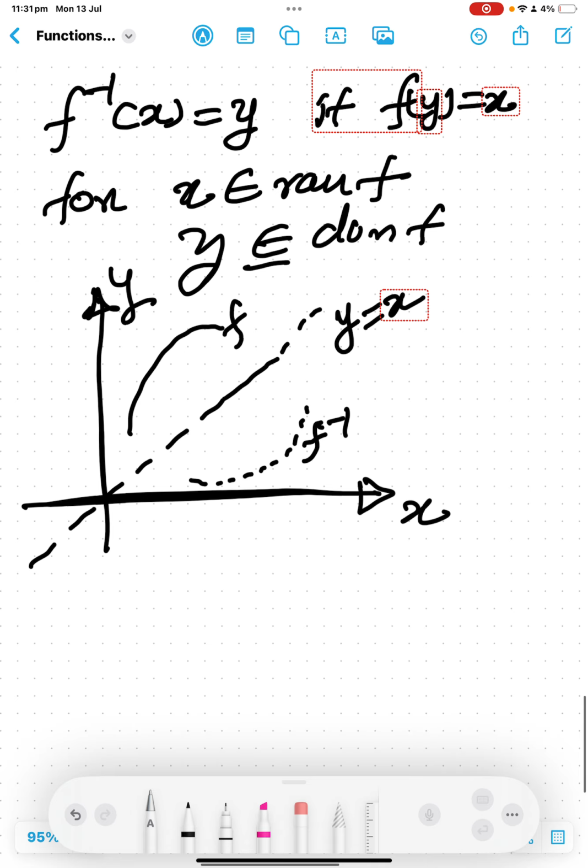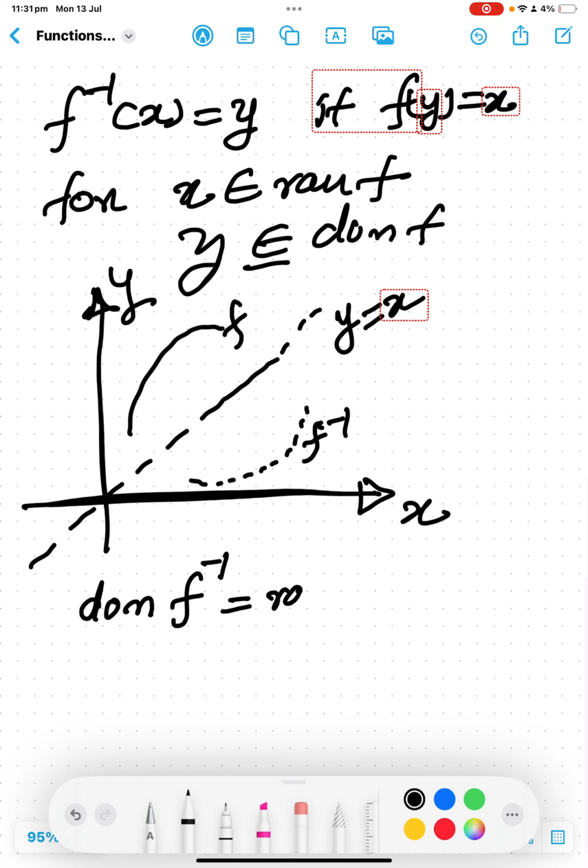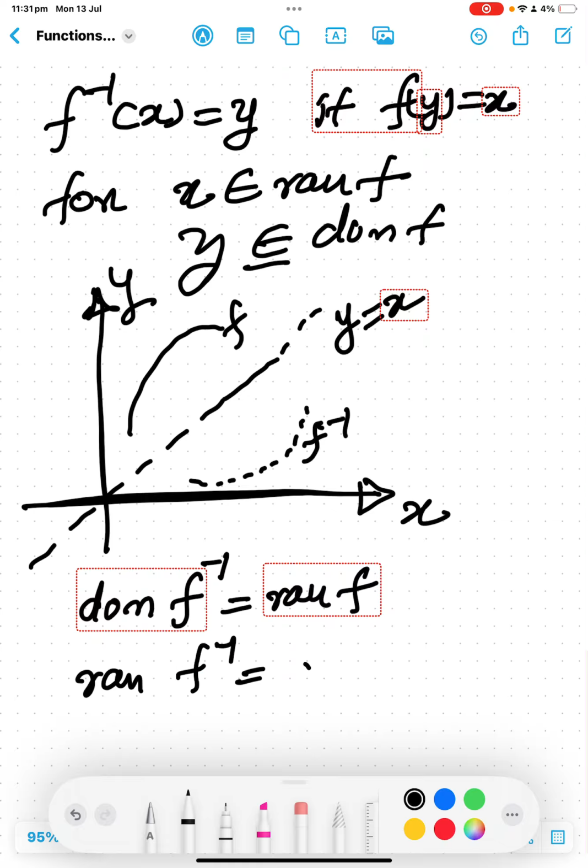There are some properties when it comes to domain and range of the inverse function. The domain of f inverse equals the range of the function f, and the range of the inverse function equals the domain of the function f.